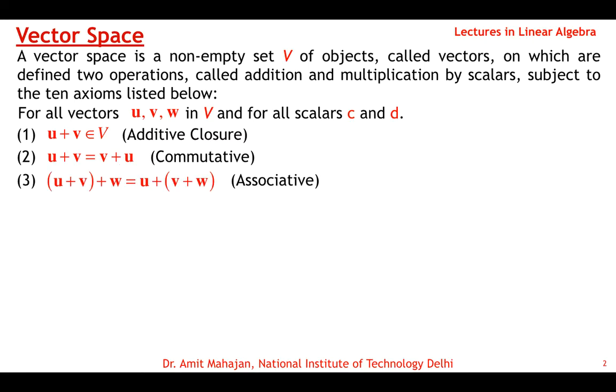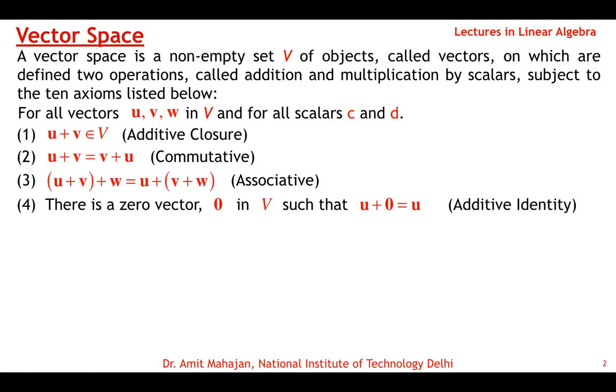Okay, so it says that you add two vectors u plus v and then add a third vector w, or you add the second and third vectors v plus w and then add the first vector u, they give the same result. Okay, so associativity.